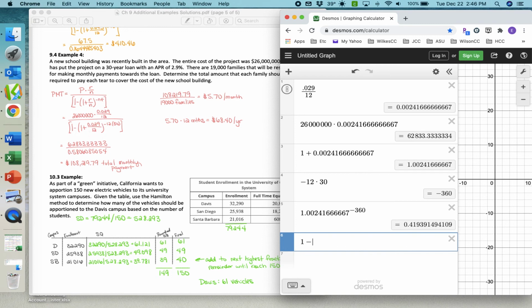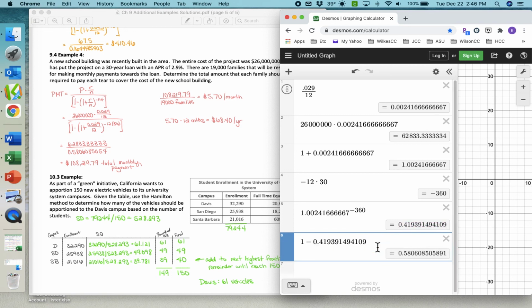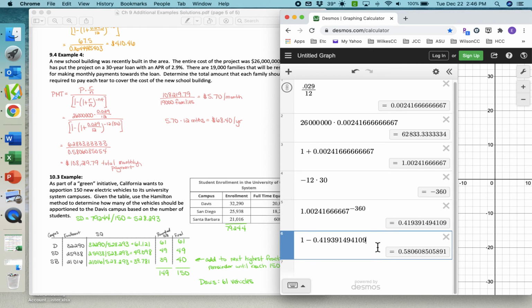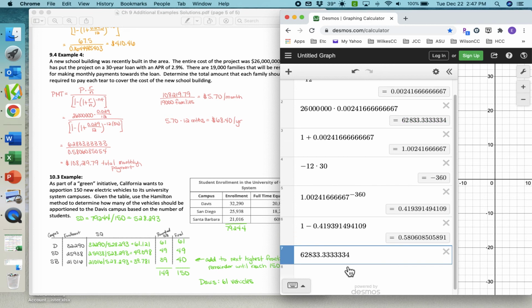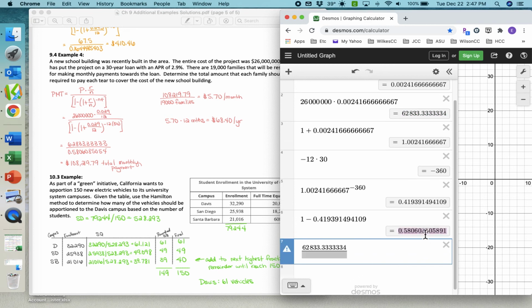So 1 minus, copy, paste. And last, we take the number on the top. So we got to go back and find it. Be careful you keep everything here and know where to look. So copy, and we'll paste that down here, and we're dividing by this number. And here we get our payment of $108,219.79.